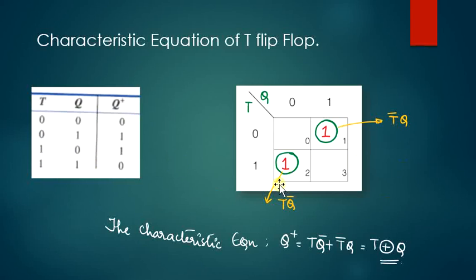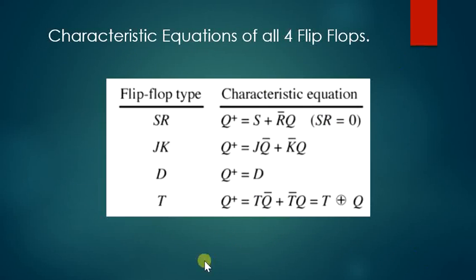So I obtain the expression as TQ bar and T bar Q. So the characteristic equation Q plus can be represented as T XORed with Q. So finally, to summarize, here I have represented all the characteristic equations of all 4 flip-flops, SR, JK, D and T flip-flop, and I have also shown you how to obtain these characteristic equations from the function tables by representing the present state and the next state.